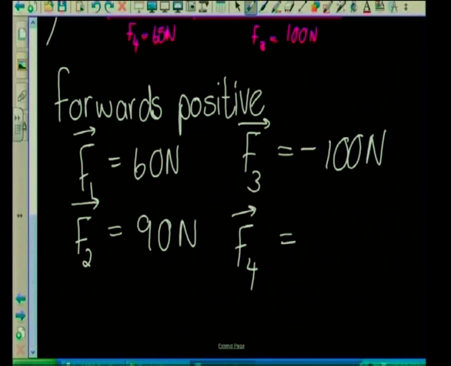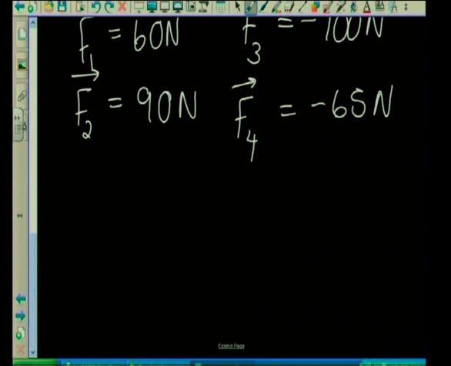F4 was also backwards and is also a negative value. So my resultant force is adding all of my forces together.